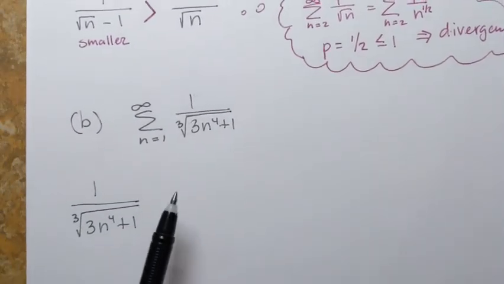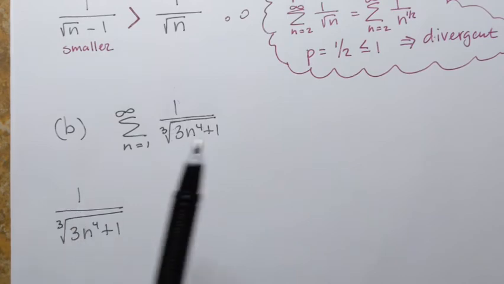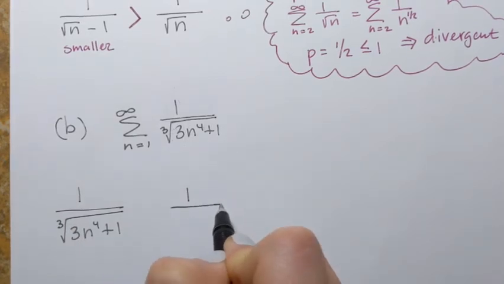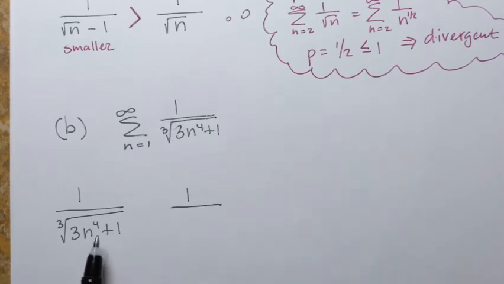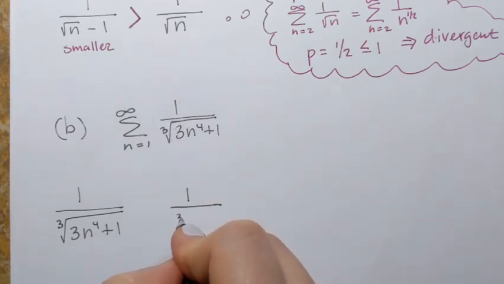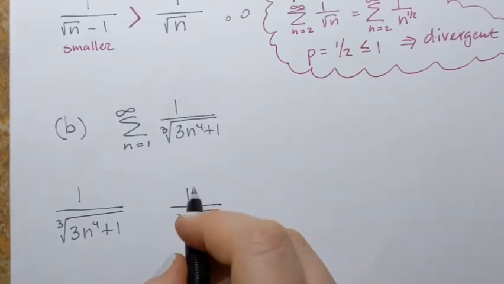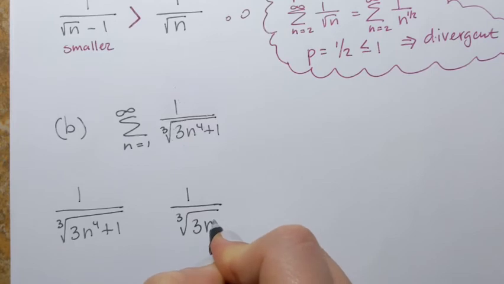Since the numerator here is a constant, it would be great to compare it to something that has that same constant in the numerator, but then I will adjust the denominator. I will remove that 1, because it's going to be easier for me to compare the denominators. I'll just leave cube root of 3n to the 4th power.